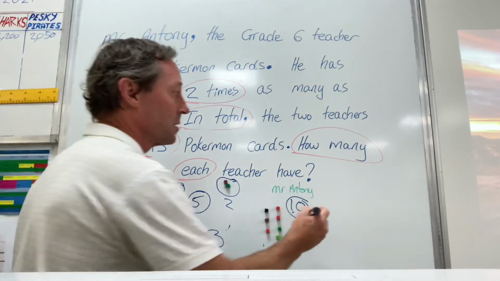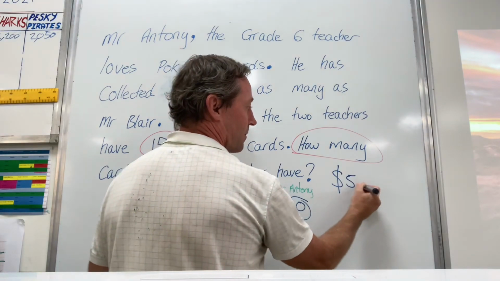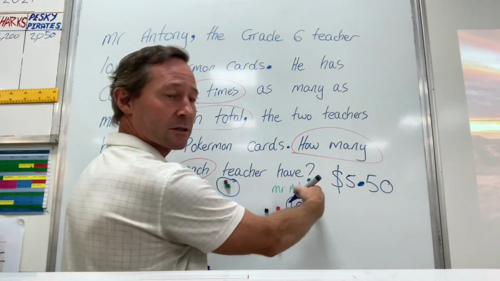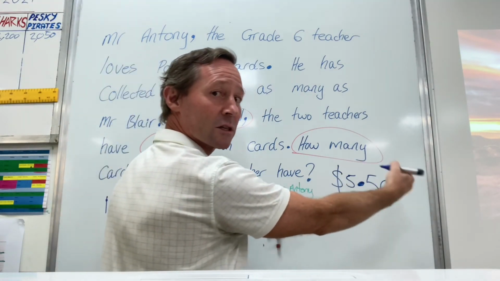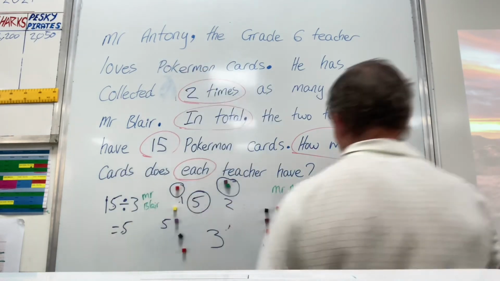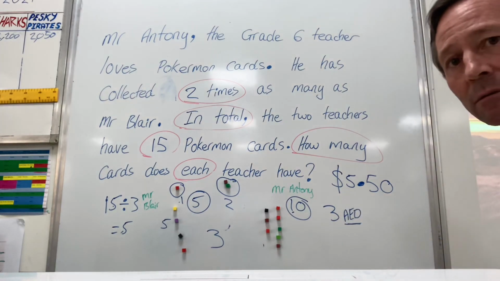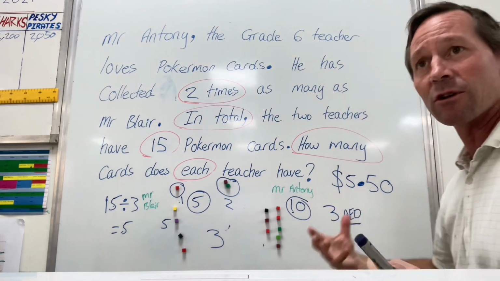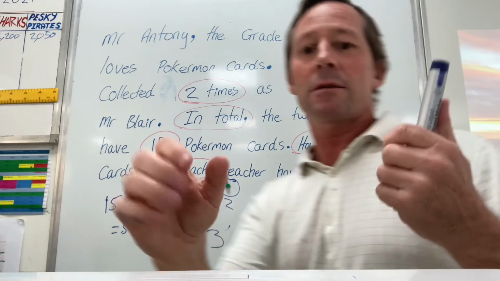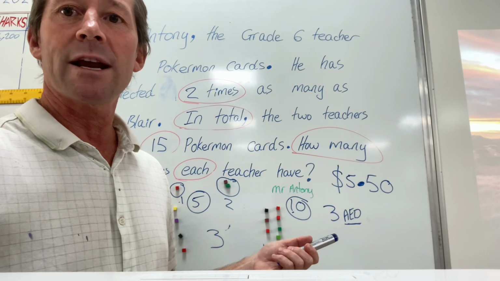So if it was $5.50, you put the dollar sign in front. If it was 3 dirham, you might have 3 and the letters AED. Make sure you show a currency so it's clear you're talking about money. Just a random bit of information there.